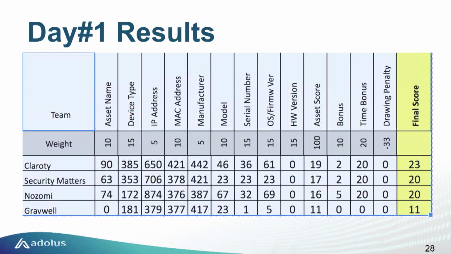Why did they score higher? Were they just identifying more? Is that the key? More and more accurate. Oh, wait a second, I was going to say the other way around. I was going to say the thing about Nozomi, who identified fewer devices, but they were accurate about them. Oh, right. Yeah, I agree with that. The other guys, with device types for example, were far less accurate and far less precise, but they identified more. So you got this sort of balance between fewer but super accurate versus more but less precise.